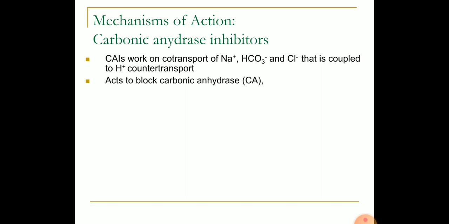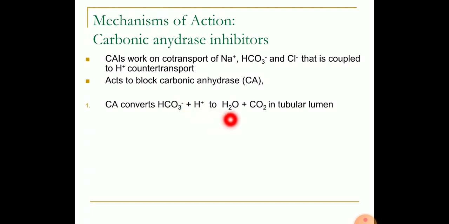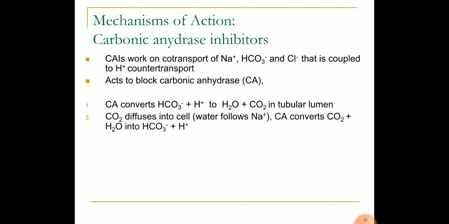Carbonic anhydrase inhibitors, which are not that significant or important in terms of diuretics, basically work on the co-transport of sodium, bicarbonate and chloride, coupled to hydrogen counter transport, and they act to block the carbonic anhydrase enzyme. Carbonic anhydrase converts bicarbonate and hydrogen to carbon dioxide and H2O in the tubular lumen, and this carbon dioxide ultimately diffuses into the cell, and water follows the sodium.